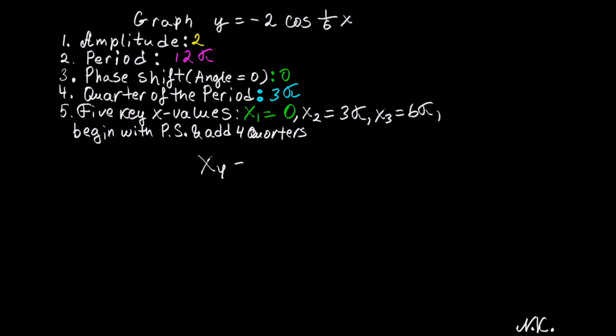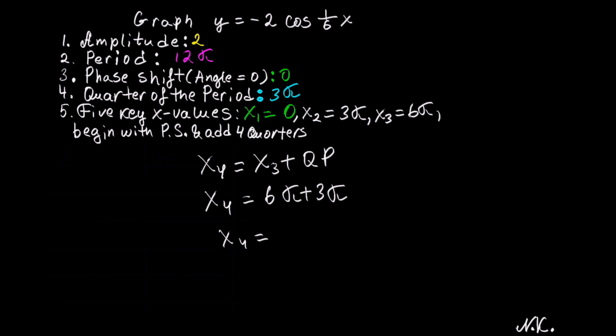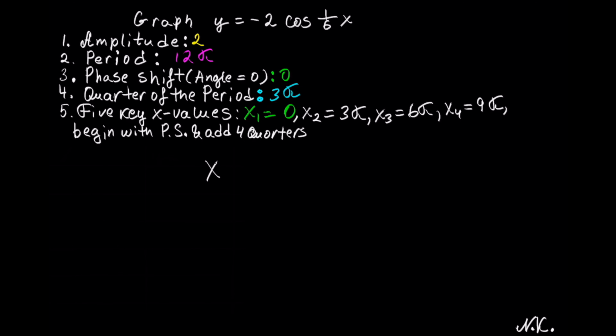x4 can be calculated by taking x3 plus a quarter of the period. So the fourth x is equal to the third x, which was 6 pi, plus a quarter of the period, 3 pi, and we get x4 is equal to 6 plus 3, which is 9 pi. The fifth x value can be calculated by taking the fourth x value and adding a quarter of the period to it.